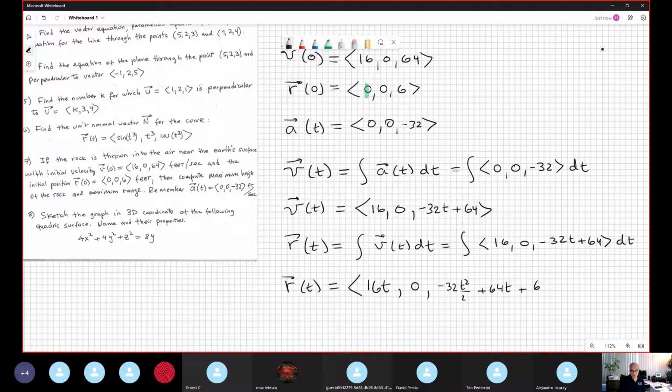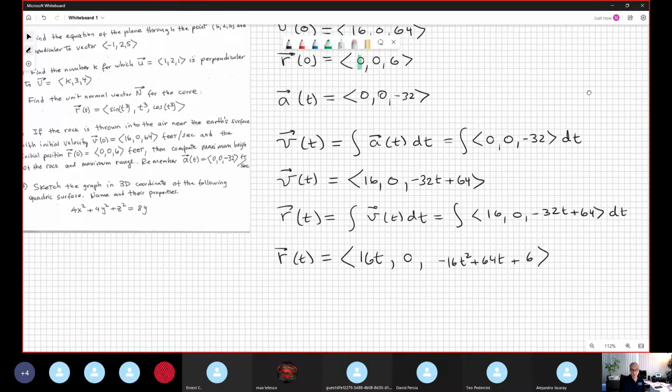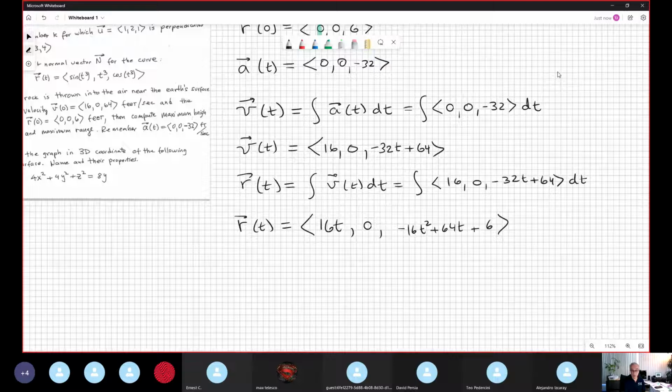Now 32 divided by 2 is 16, so you put negative 16t squared. And this is the vector-valued function that describes the position, the displacement of that rock. Okay, free fall.